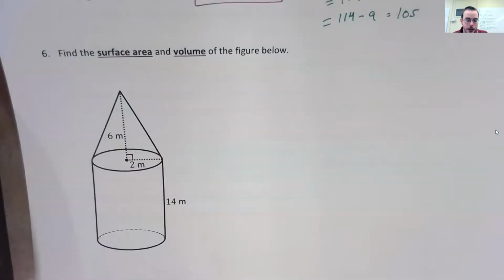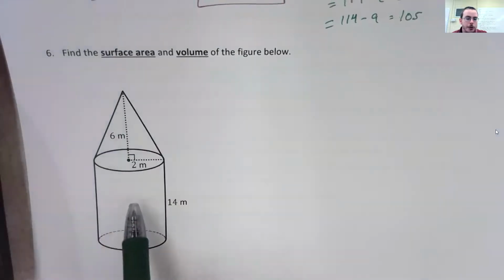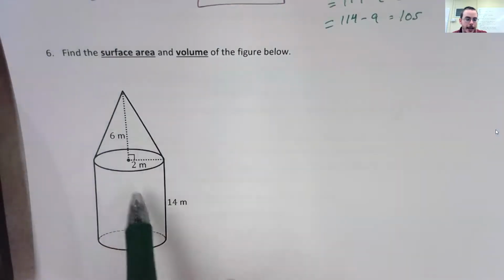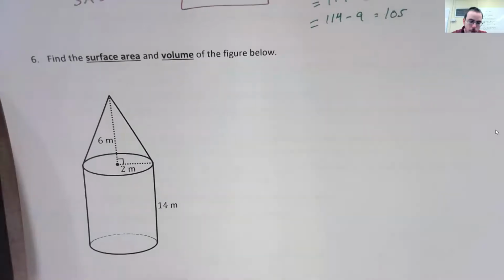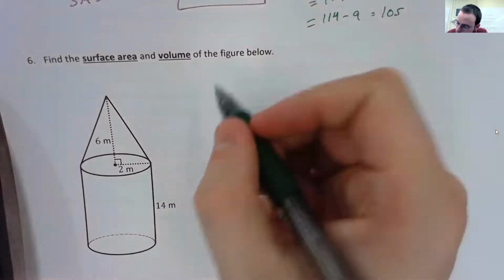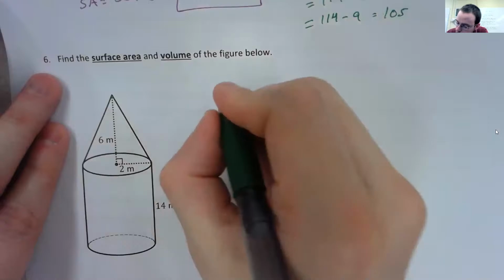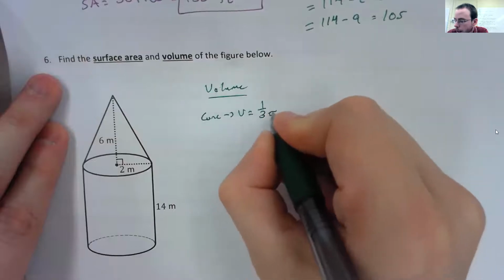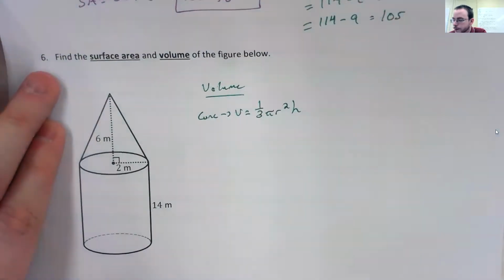So our volume, excuse me, we have a cone and we have a cylinder. Okay, so a cone and a cylinder. Well, for the cone, the volume of the cone is given to us by 1/3 pi r squared h.